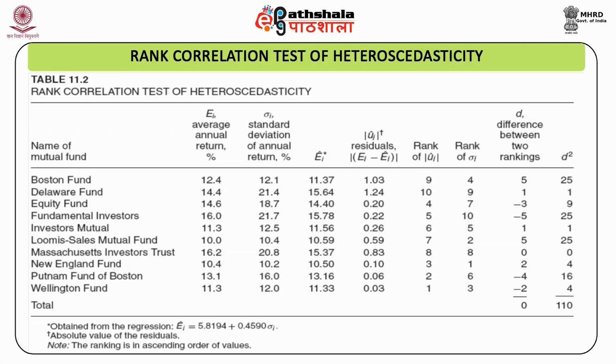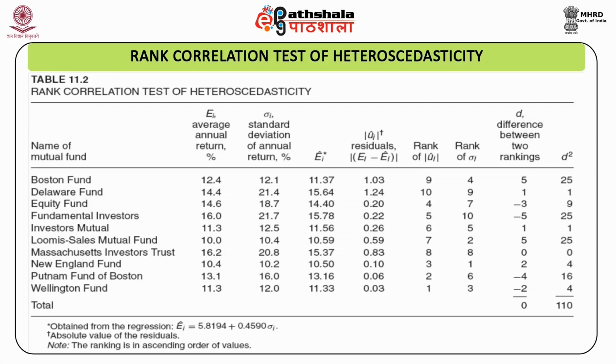For 8 df, this t value is not significant even at the 10% level of significance. The p value is 0.17.